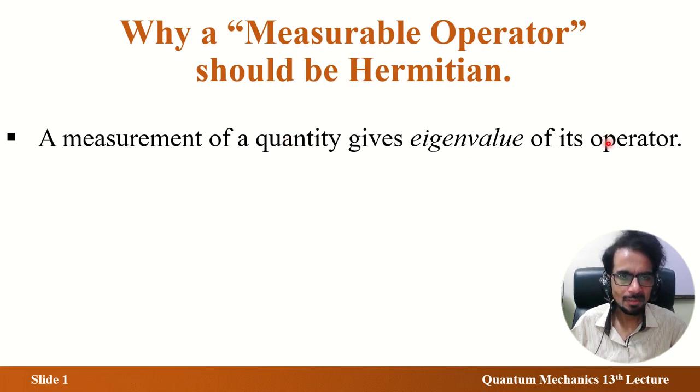Sentence number two: find the eigenvalue of that operator. Sentence number three: the eigenvalue is the physical prediction for the numerical value of that quantity. So that's it. You can say that is the whole of quantum mechanics.